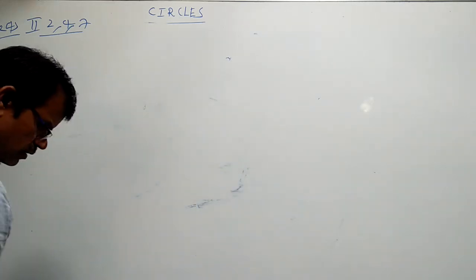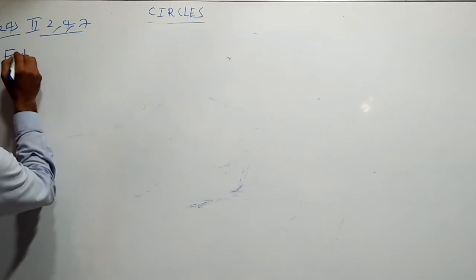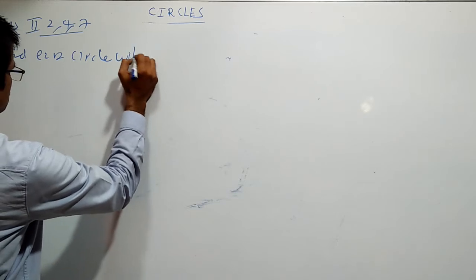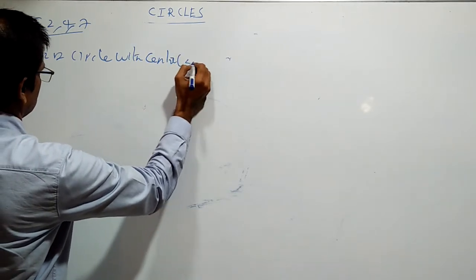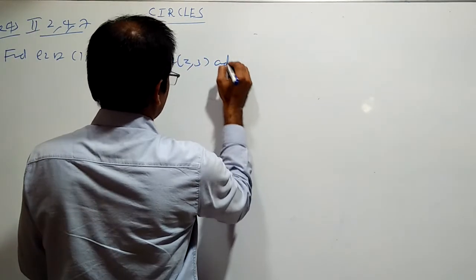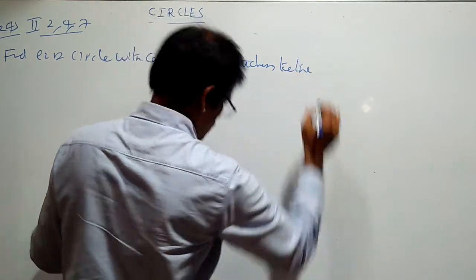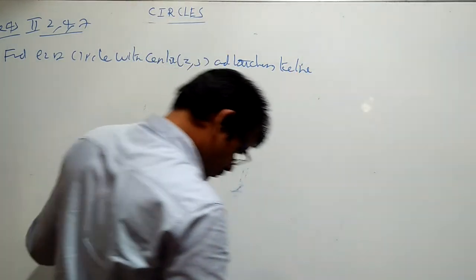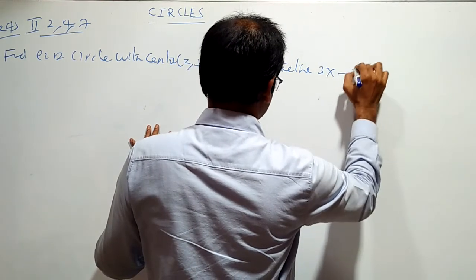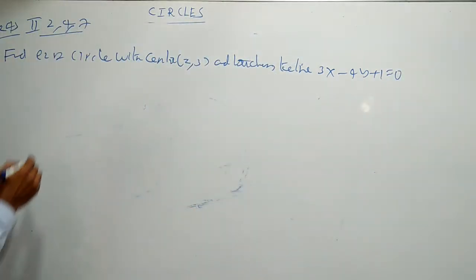Find the equation of circle with center 2, 3 and touching the line 3x minus 4y plus 1 equal to 0.